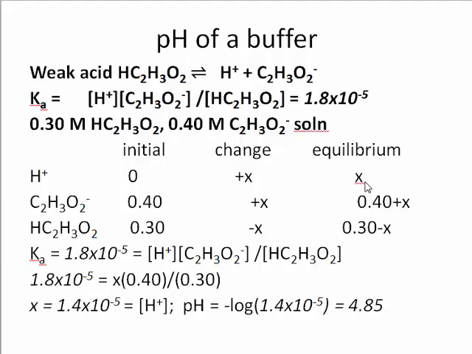We will anticipate, especially since we have this conjugate base present to force this equilibrium to the left, that H plus is small compared to these concentrations, which means when we write down Ka, we plug in 0.4 and 0.3 for acetate and acetic acid concentrations, solve for X, and obtain a proton concentration which we can rapidly convert to a pH. 4.85 is the pH of this buffer.